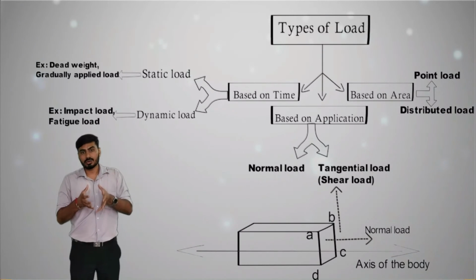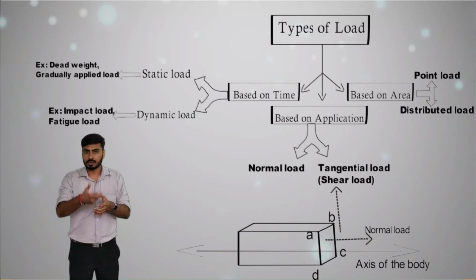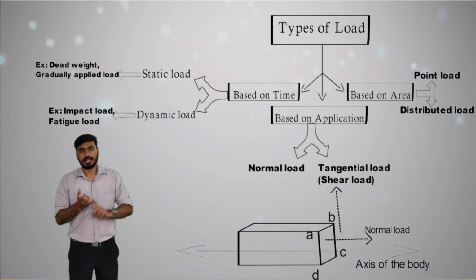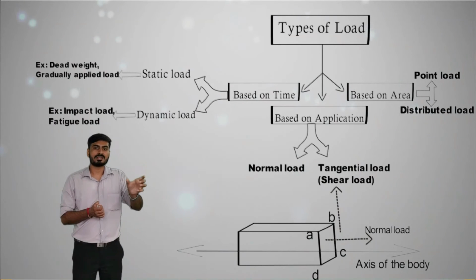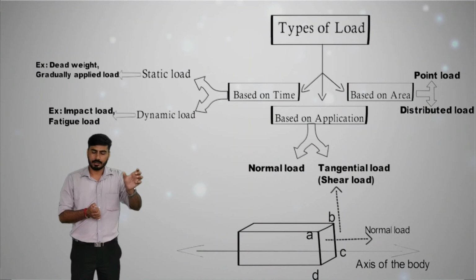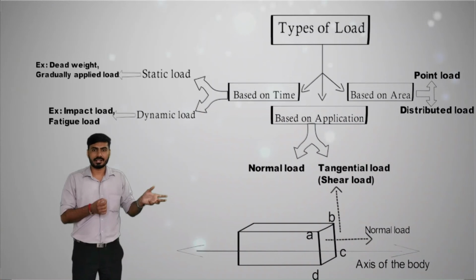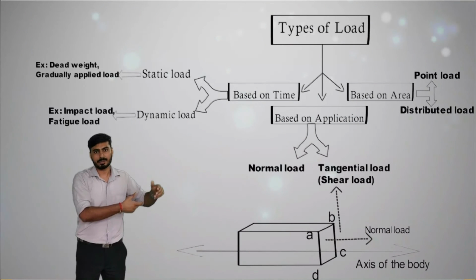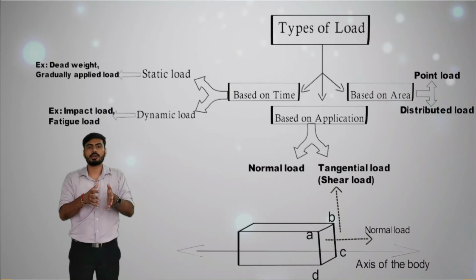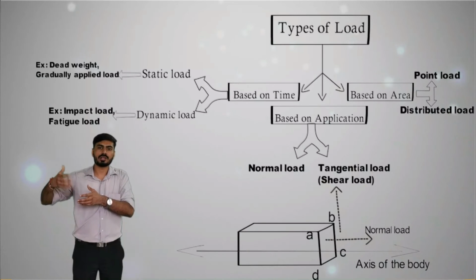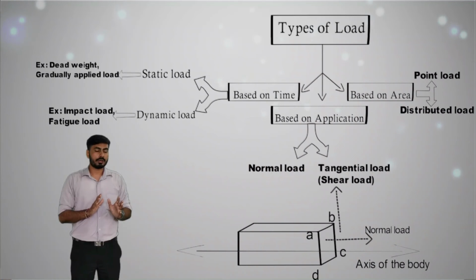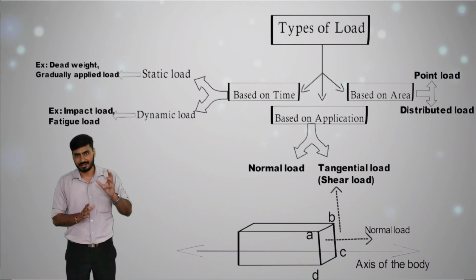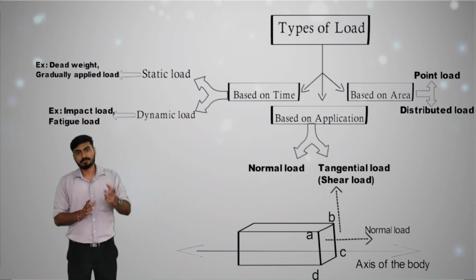So these are the loads which you have to consider based on the reference. In your example, if a point load is applied, then you will calculate that example differently, and for the distributed load, your calculation method will be different. So these are the basic types of load which you are going to identify for your examples.